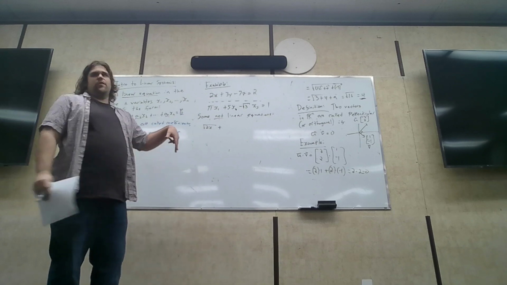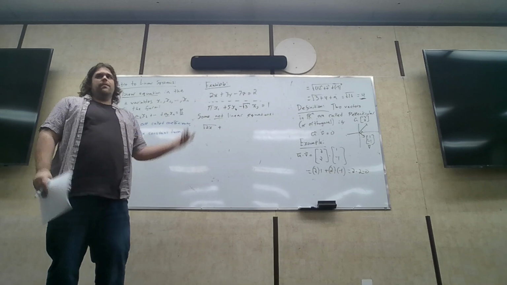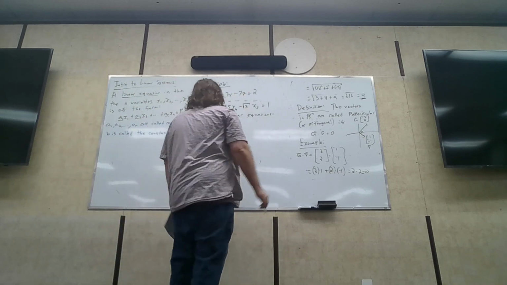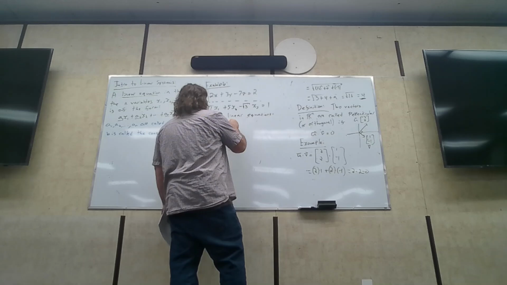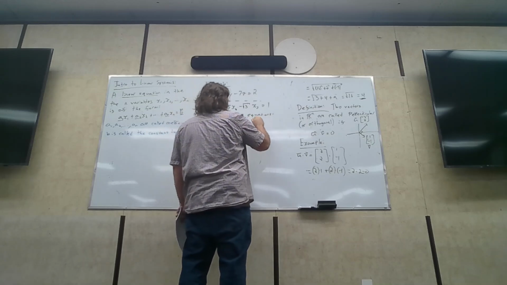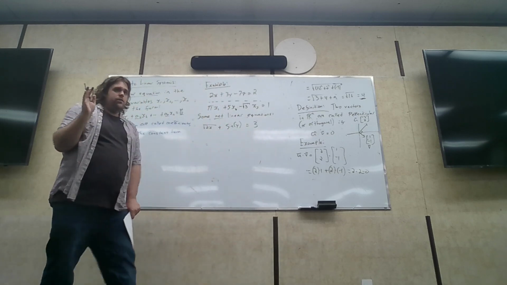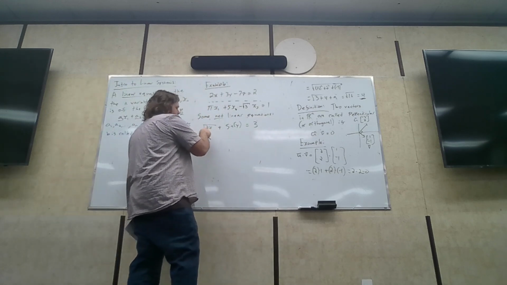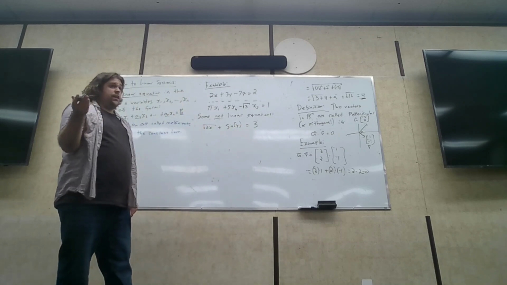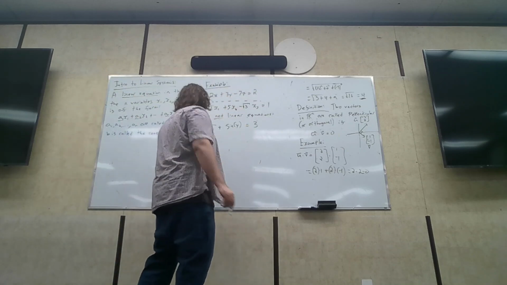It's constant times variable added together with others. So no, we would call it linear. But I would call this the equation of a plane. So then we've got sine of y equals 3. So again, not linear, right? Because we've got the square root of 2x, and we've got sine of one of the variables. That's a nonlinear operation, right? Sine is some curvy thing.